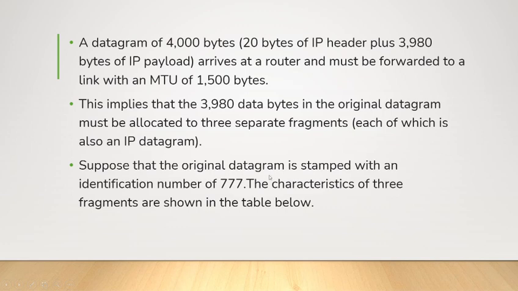Suppose that the original datagram is stamped with an identification number of 777; the characteristics of the 3 fragments are shown in the table below. This identification number is useful at the destination, where the fragmented datagrams get reassembled.